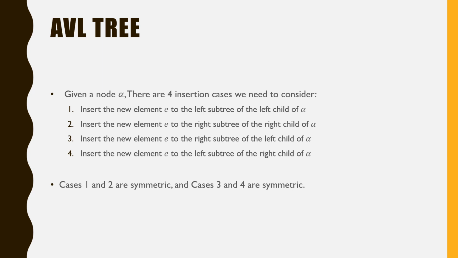Finally, in case 4, we may insert E into the left subtree of the right child of alpha. Note that cases 1 and 2 are symmetric, as are cases 3 and 4. Therefore, we will discuss cases 1 and 3 in detail, as the solutions for their symmetric counterparts follow similar principles.